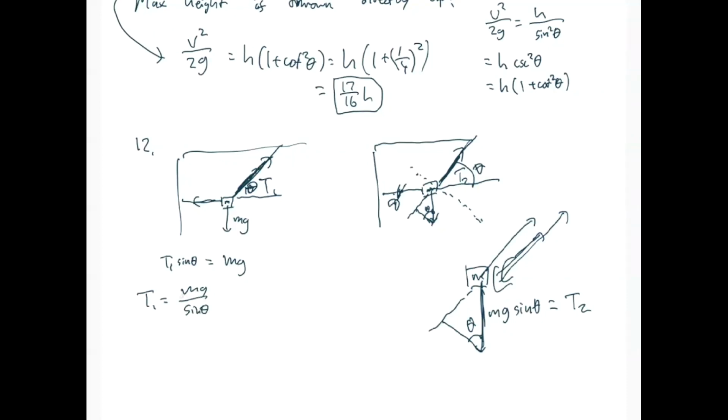And since sine theta is less than 1, we know that this is greater than mg. Meanwhile, T2 is mg sine theta. And since sine theta is less than 1, this has to be less than mg. So this gives us our final answer, T2 less than mg less than T1.